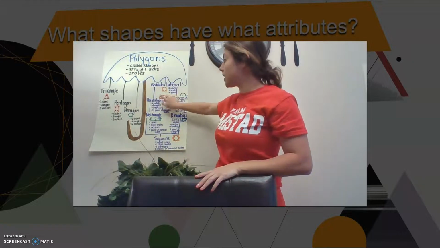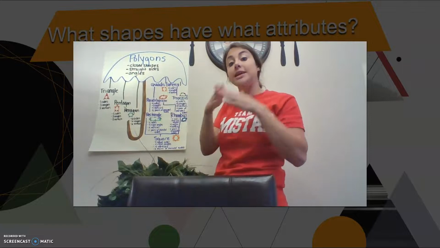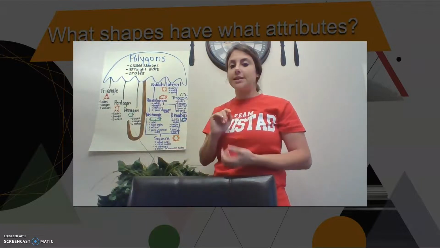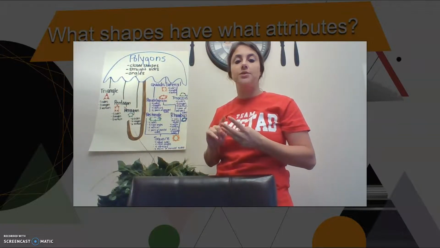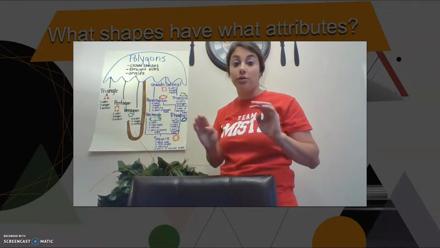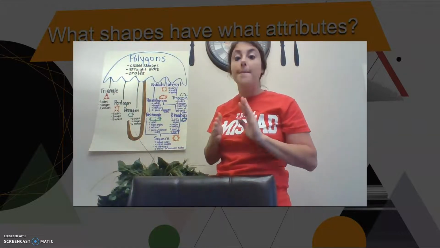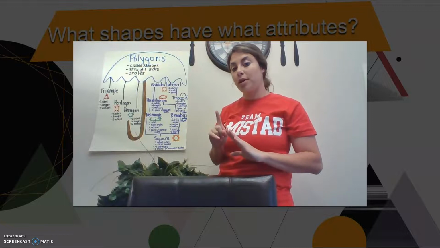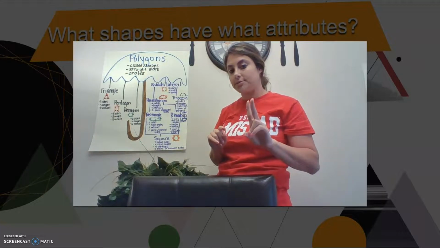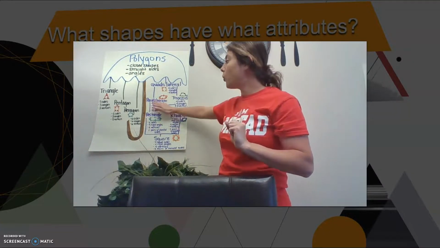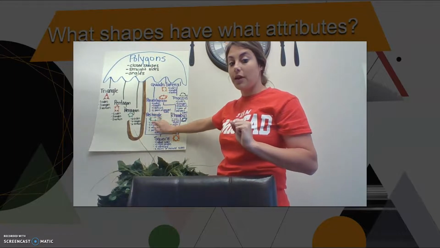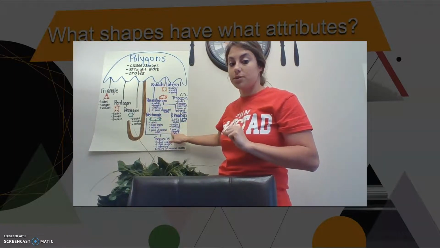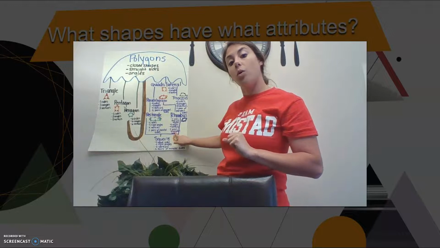So we have 1 pair, 2 pairs of parallel sides in a parallelogram. Again, still 4 angles, 4 sides, 4 vertices, any type of angle, any type of side. But it has to have that 4, but a parallelogram has 2 pairs of parallel sides. Okay? When I continue down the parallelogram, I break off into 2 groups, either a rectangle or a rhombus.